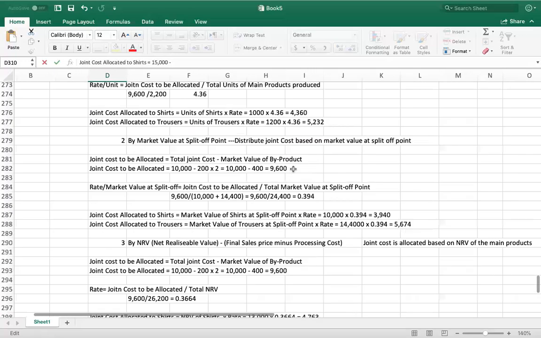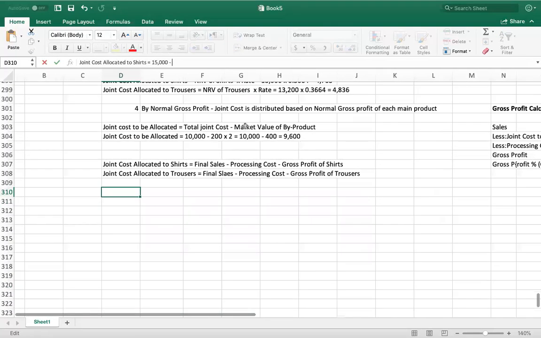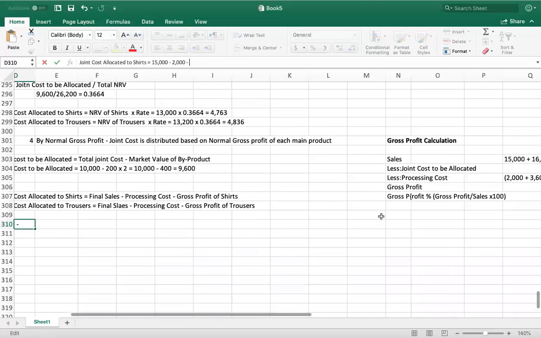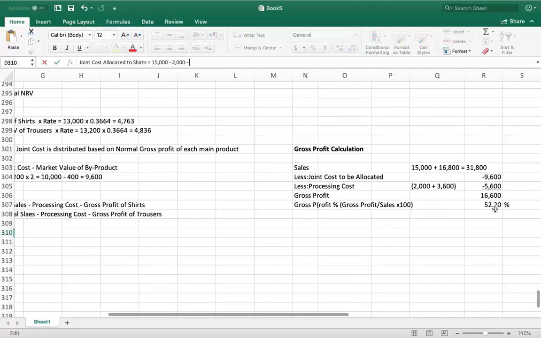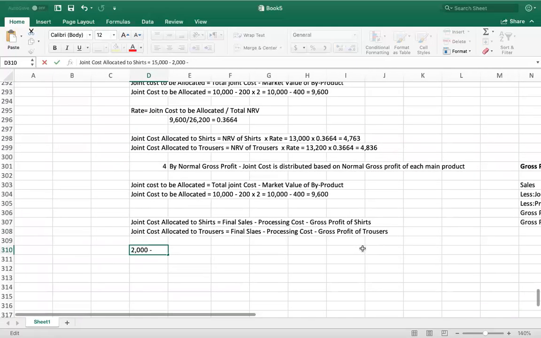Processing cost of shirts is how much? 1,000 multiplied by 2, so this will give you 2,000, minus gross profit. Gross profit of shirts is 52%. 52% of what? 52% of sales. Selling price is how much? 15,000. So this is how we calculate.